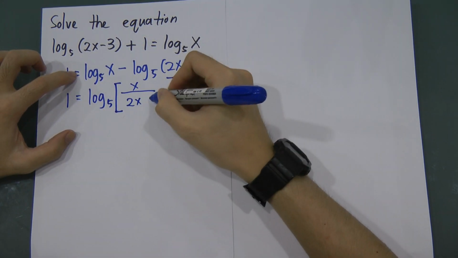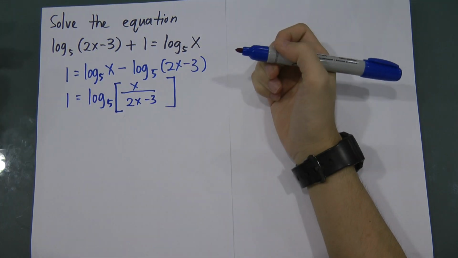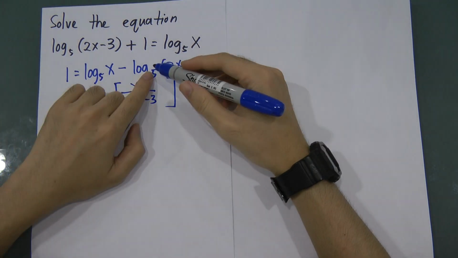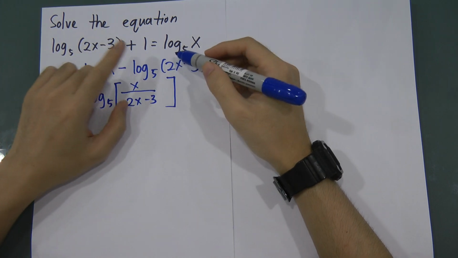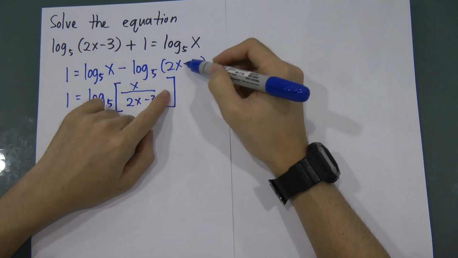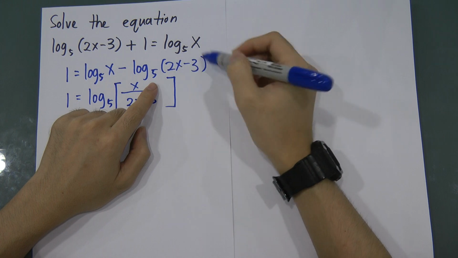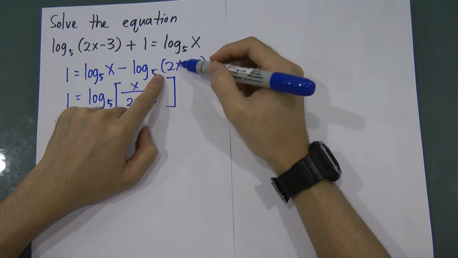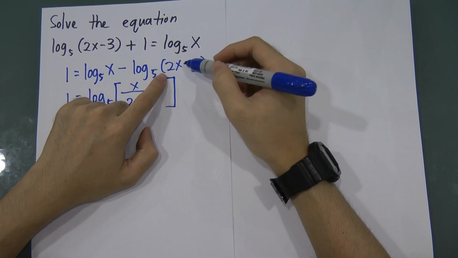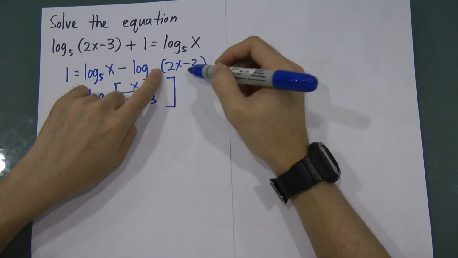(2x minus 3). In the last video I mentioned a lot of times, if you got log and then a bracket, and inside the bracket you got plus or minus, this one you can never expand. Don't ever expand whenever the log bracket has plus or minus in the middle.